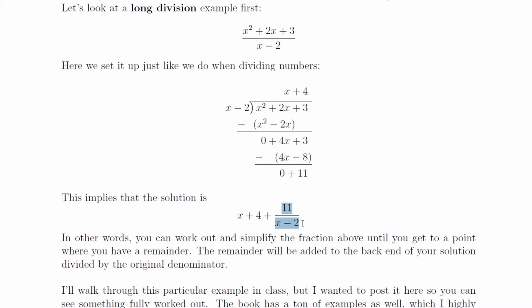Then what you get is the remainder divided by the thing that you were originally dividing by, okay? Now the goal is to get a remainder of 0 so you don't have this piece here at the end, but if you don't get a 0, then you just divide by what you started with, okay?